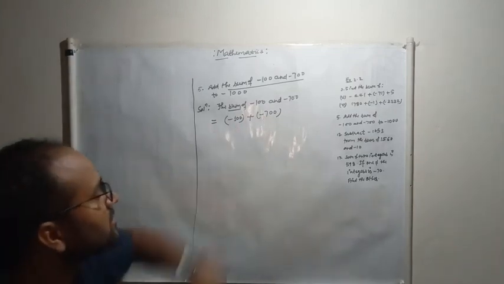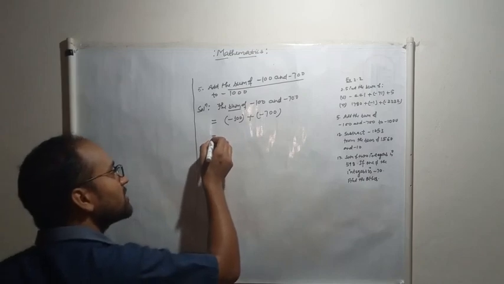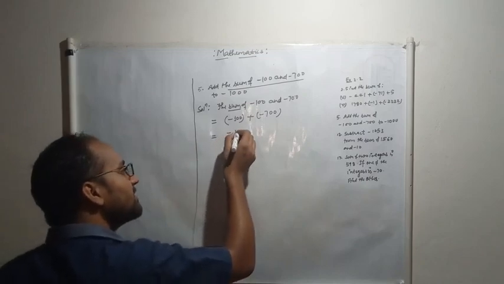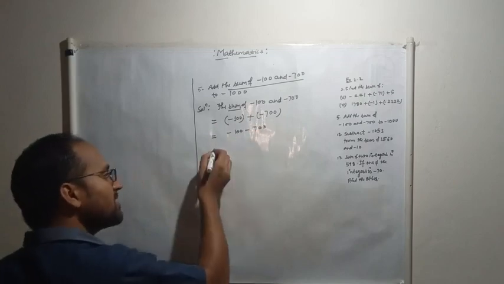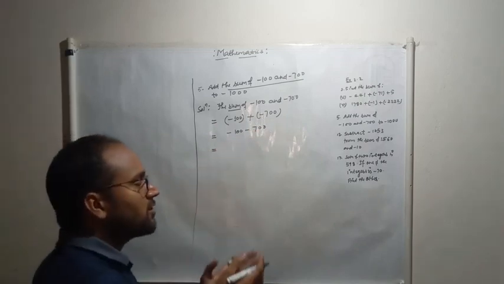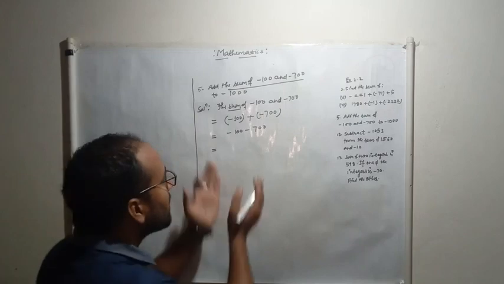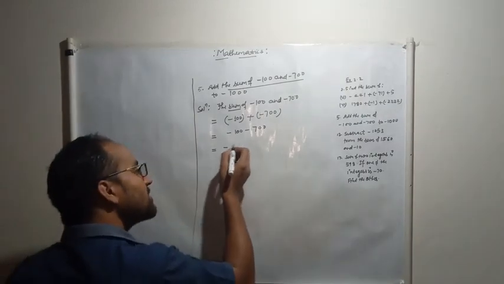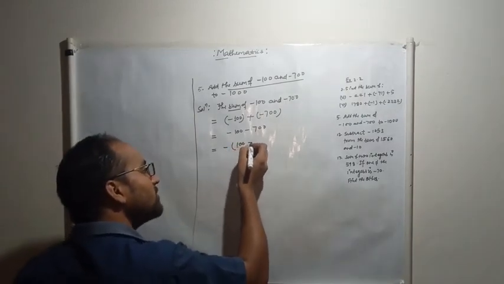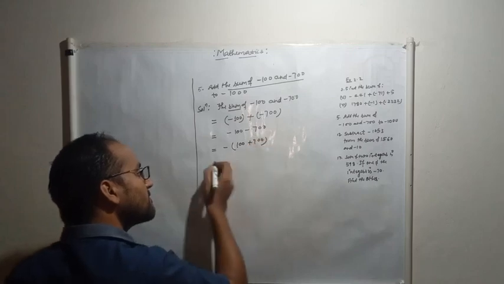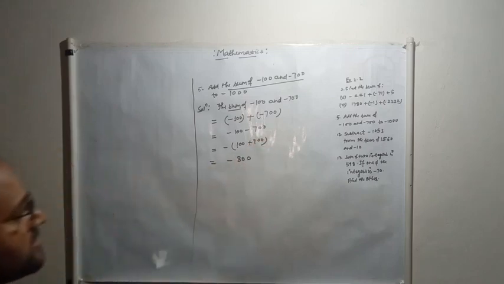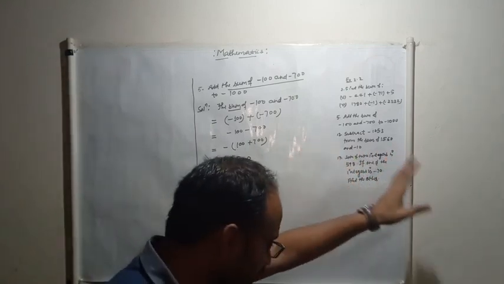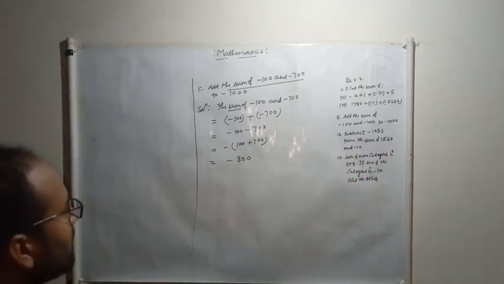Here is a minus, here is also minus. One more step you can do: minus 100 plus is multiplied into minus, we get minus. Both are the same sign, so we add their absolute value and put the common sign. So common sign is a minus. Add their absolute value, you get minus 800. Okay students? Minus 800.